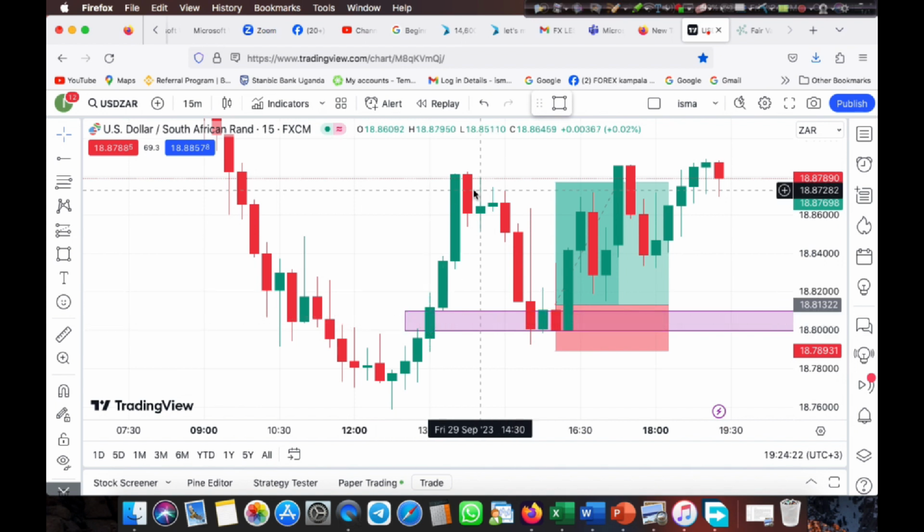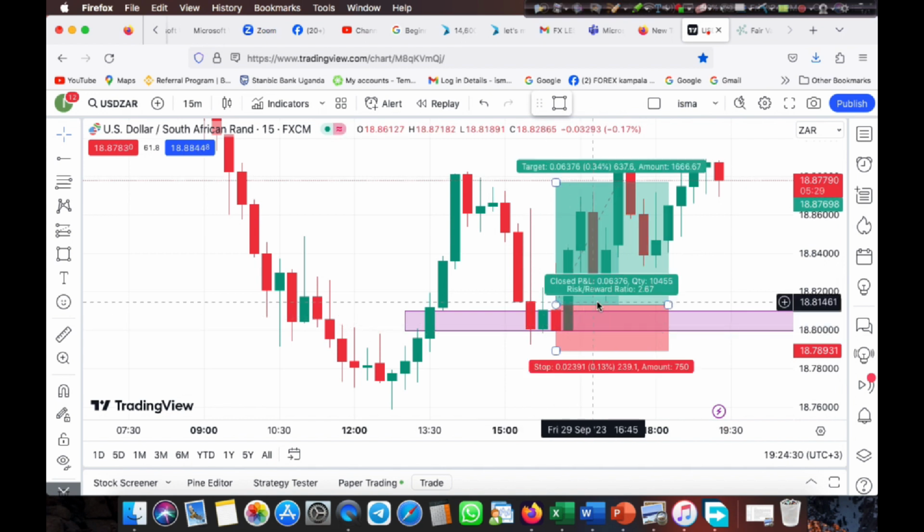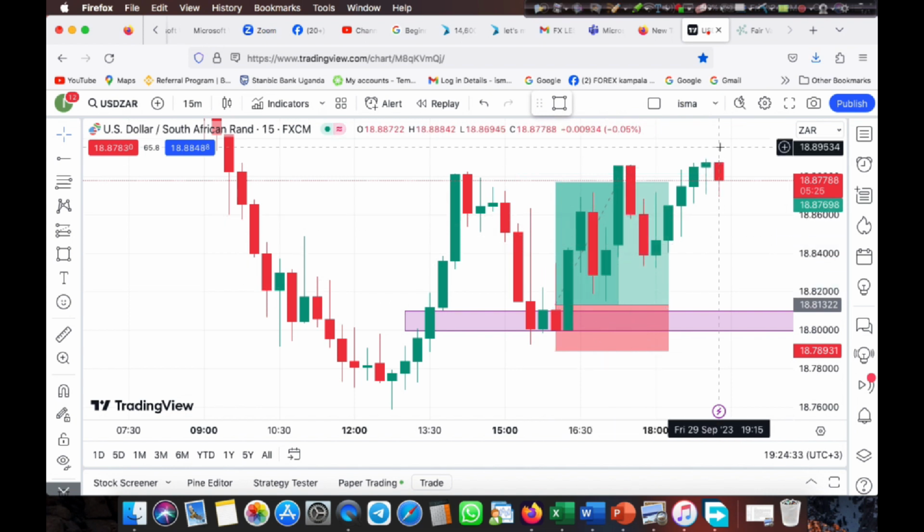The market went up, then came back to fill this gap, and in the process of filling it we put a buy, and the market went in this direction. It's as simple as that. The important thing is to spot and be keen about the fair value gap, master the concept, and then it becomes very easy and simple to use as a strategy.